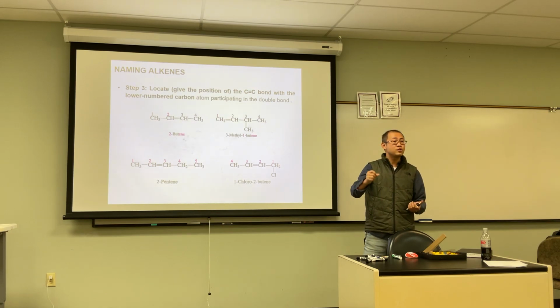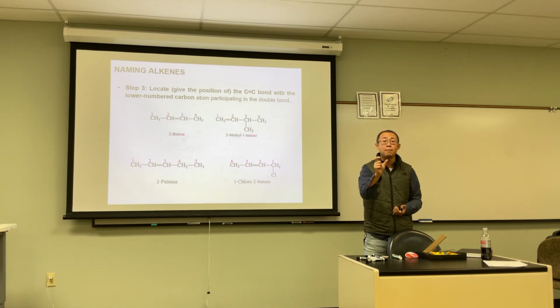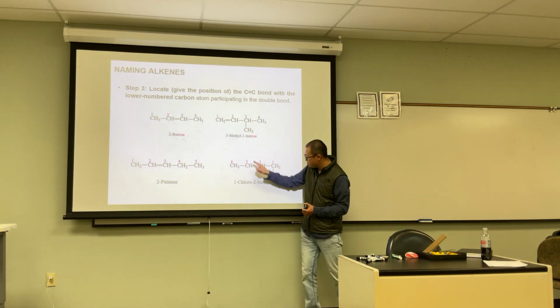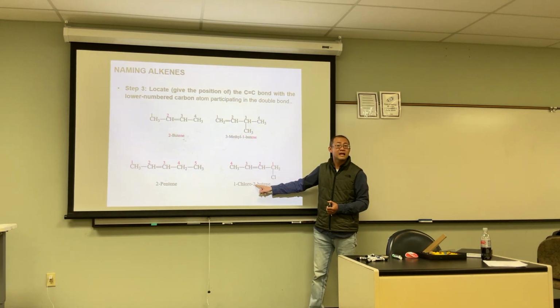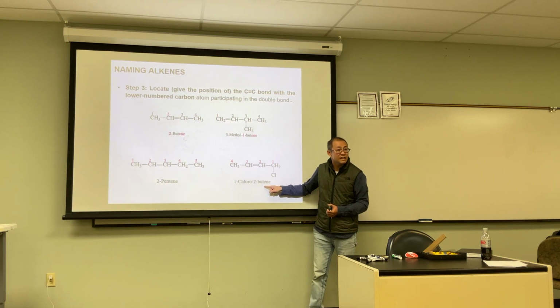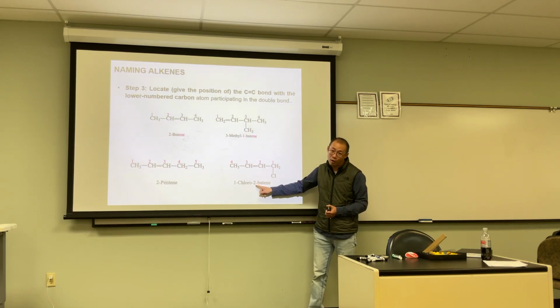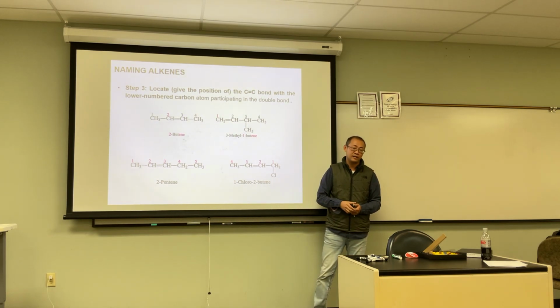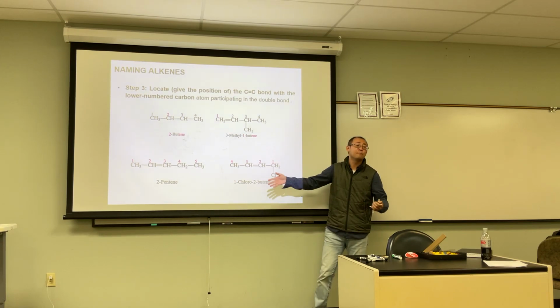Number 3 is when you name it, make sure you use the lower number of the double bond, 2 carbons, to locate where the double bond is. So that means when you name alkenes, there will always be a number. Do you see that? In front of the alkene name. That number tells people what? Where the double bond is in the chain. Does it make sense, guys? And the rest of it is the same we learned in chapter 1.